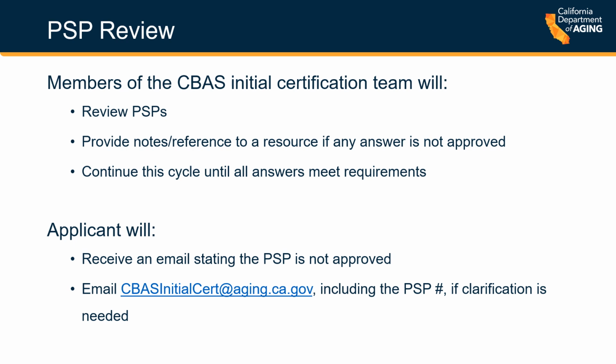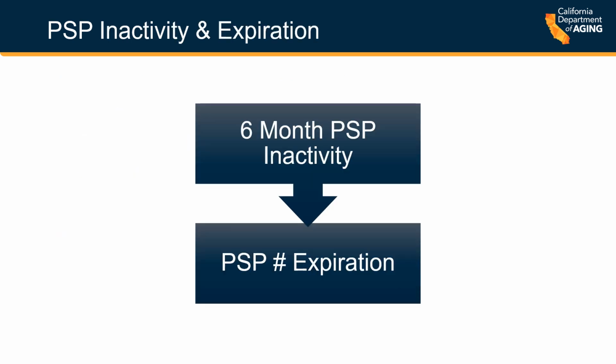If the PSP is not approved, you will receive an auto-generated email to revise your PSP and resubmit. If the PSP is inactive or not submitted within 6 months of beginning or receiving CDA feedback, the PSP will automatically expire. If you're still interested in CBAS certification, you must start the process over by creating a new PSP. This will result in a new PSP number being generated.